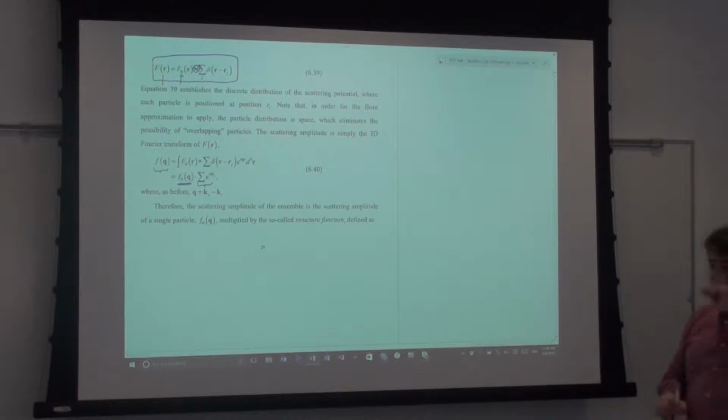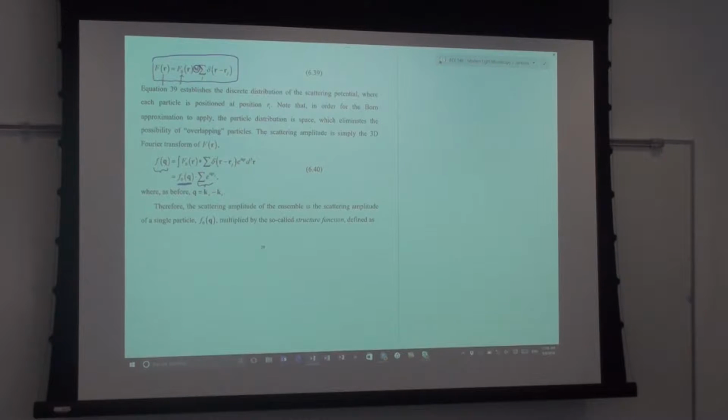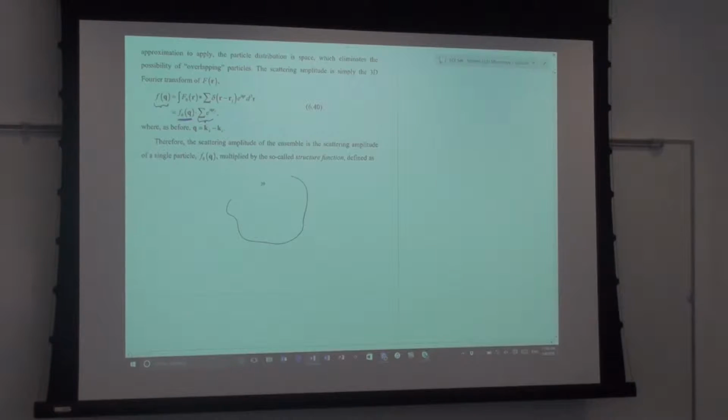multiplied with a bunch of these complex exponentials, which basically what these complex exponentials take into account is that if I have these particles distributed like this, and I'm measuring scattering at this position somewhere, point P here, these little things are keeping track of these phase delays, let's say with respect to this particular coordinate system, right? This particle is going to have one phase delay, Q dot R j. This other particle is going to have another phase delay.